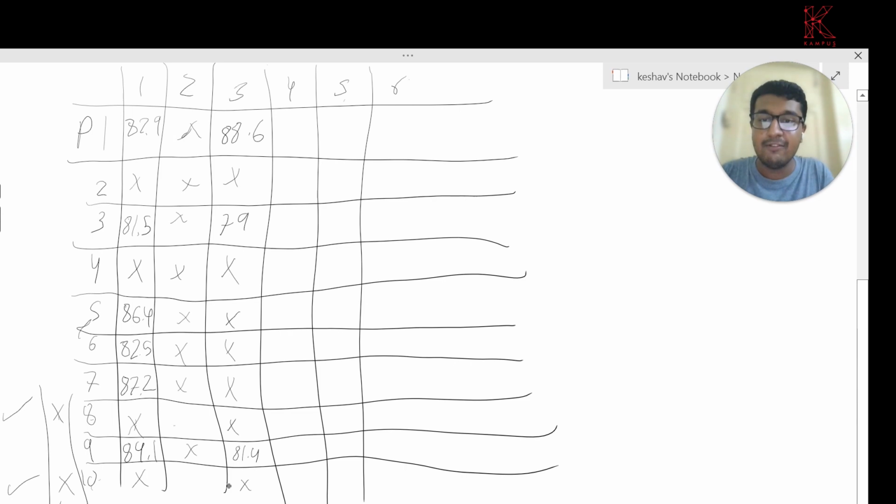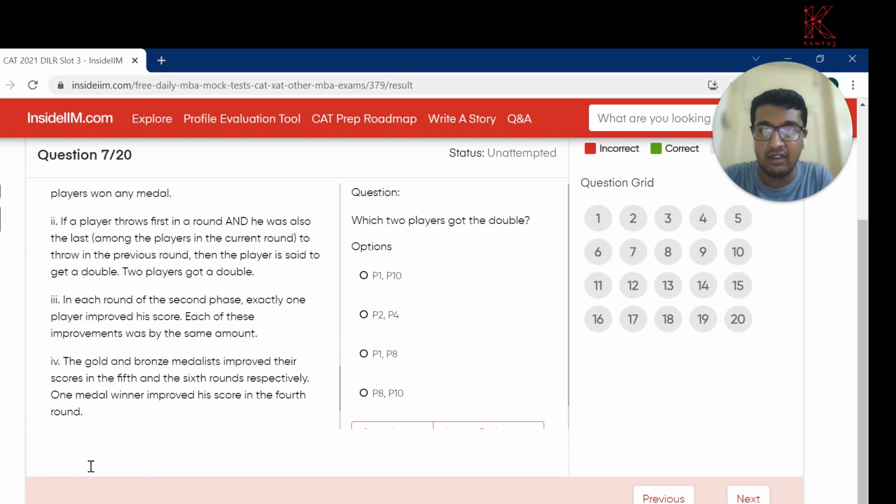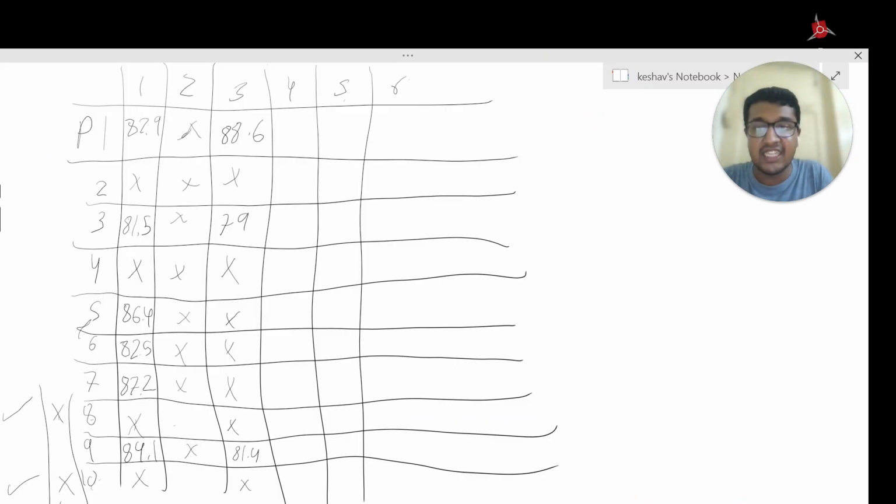So in round 3, for the double to happen, 10 must have scored the highest. Only then would he have been able to throw first. What was the highest score until now? 80. And remember that one of 8 and 10 scored the least, as given in the first piece of information, and the other one scored the highest.